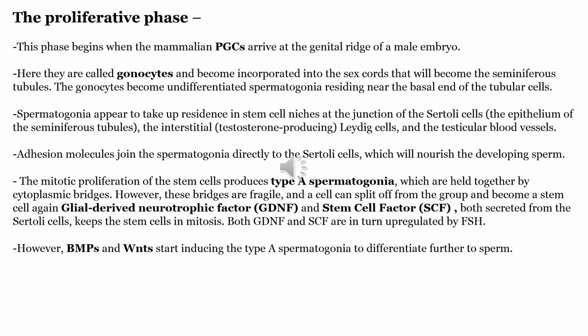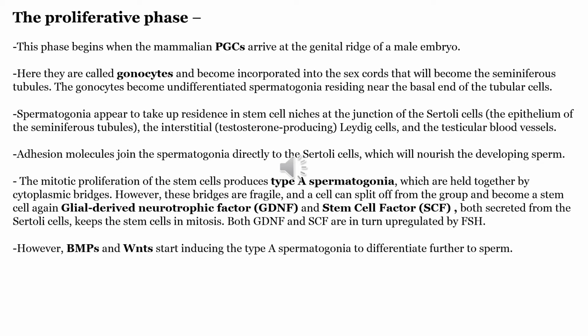I told you last year that primordial germ cells originate somewhere in the yolk sac, and then they migrate to the gonads, and depending upon where they land up, it will either become testes or it will become an ovum. So primordial germ cells give rise to gonocytes, and gonocytes differentiate into spermatogonia. These spermatogonia reside in between Sertoli cells and interstitial cells.